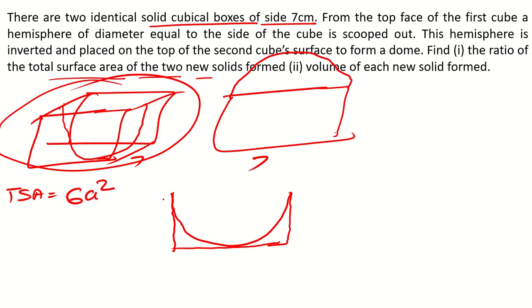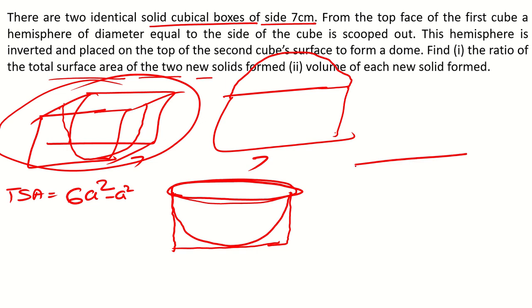But not all of a square is present here, so it will be minus a square, because the upper portion is not here. So first you subtract it. Now I will tell you what you will do, because this is the upper surface and you need to visualize the picture also. If this is the upper surface, then you are scooping like this.